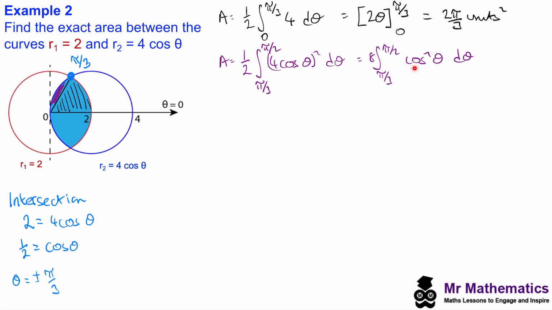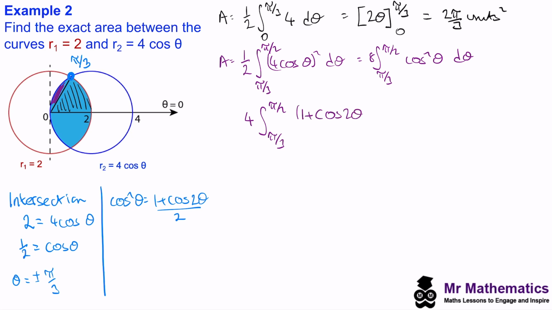And to integrate cos squared theta, I need to use the double angle formula, where cos squared theta is equal to 1 plus cos 2 theta over 2. This half we can pull out in front of our integral, so we get 4 times the integral of our limits of 1 plus cos 2 theta.